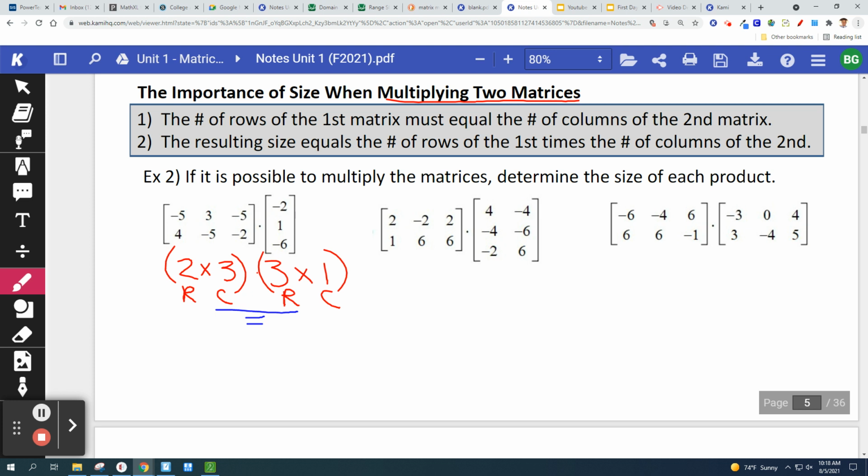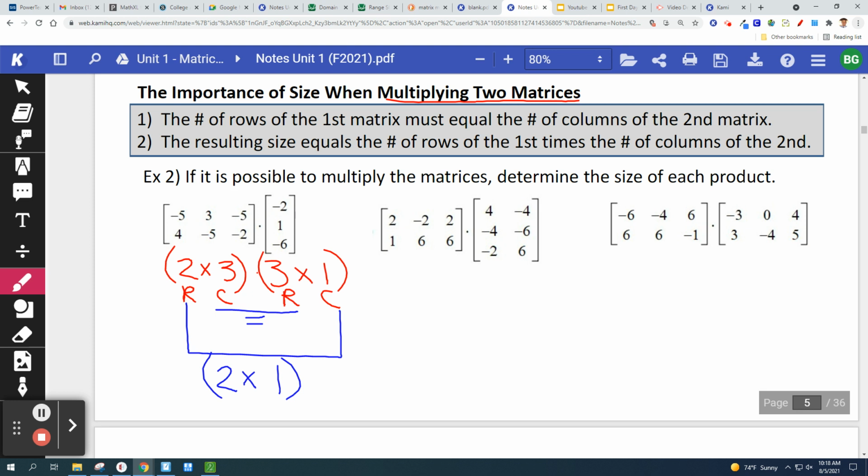And not only that, the answer is going to be this dimension. We can see that the answer is going to be 2 by 1. So it is possible to multiply these, and we know the answer is going to be a 2 by 1. That's a really important concept. You're going to have to think about that on every single one of the problems.